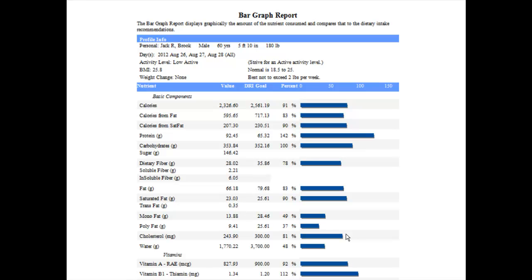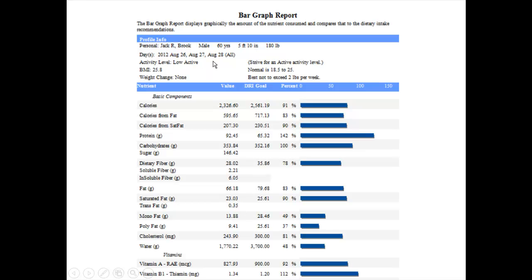So here's your bar graph, and basically your bar graph is going to have the value column, which is what you ate. This is your intake. And then the DRI goals, this column is basically what, a lot of them are DRIs, but as you know, not everything has a DRI. So it's going to be recommendations, but based on who you said you were.